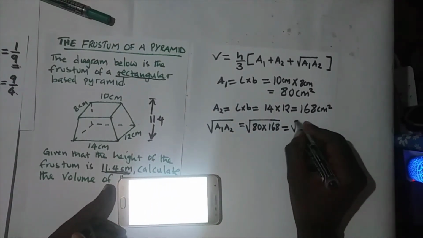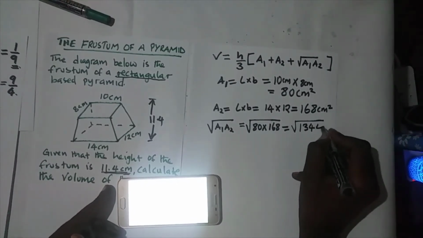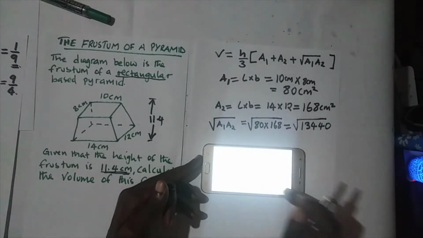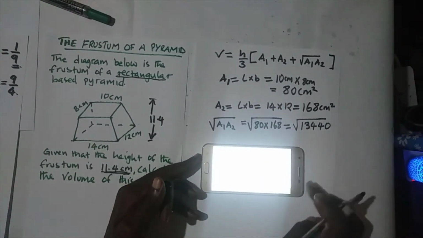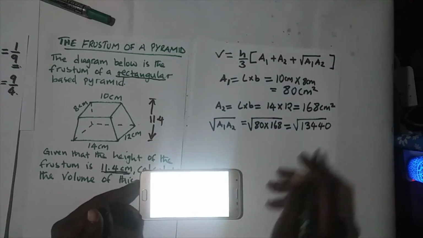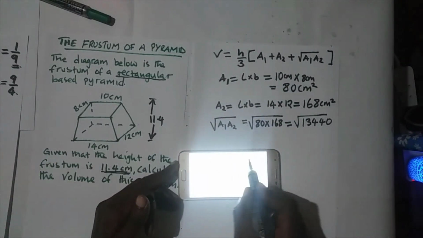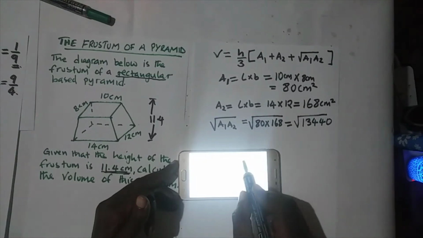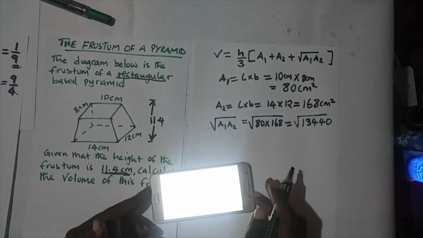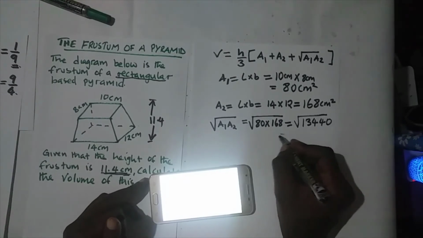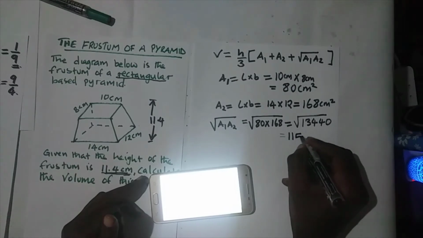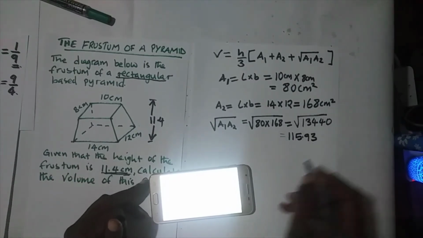And so we are going to get the square root of 13,440, which will give us 115.93101399695. We are going to round it off to 2 decimal places for ease of calculation, so we have 115.93.